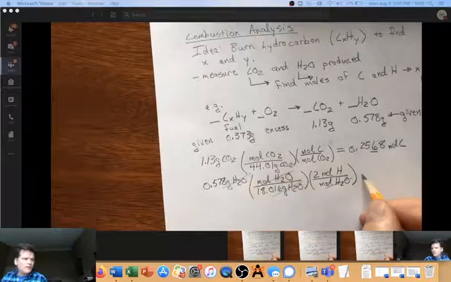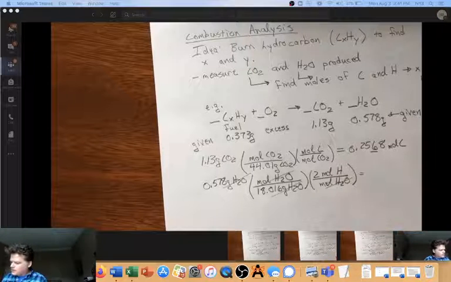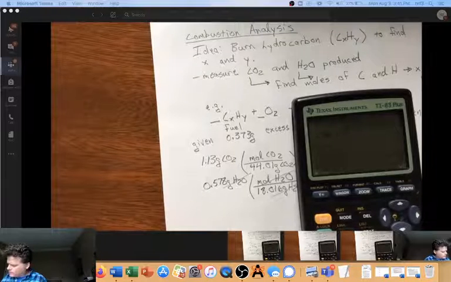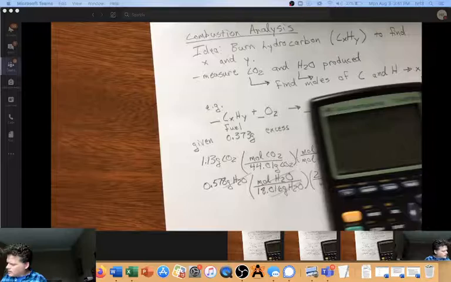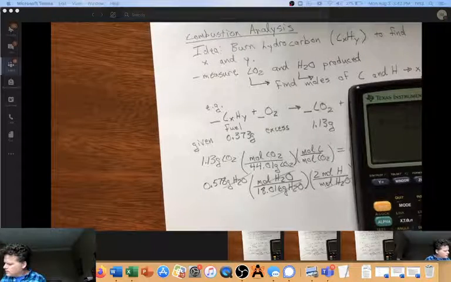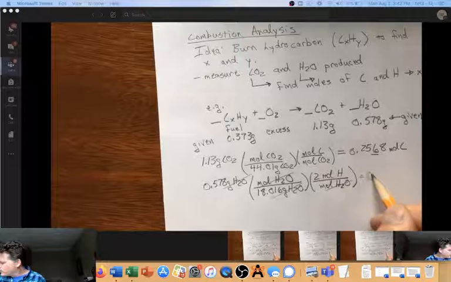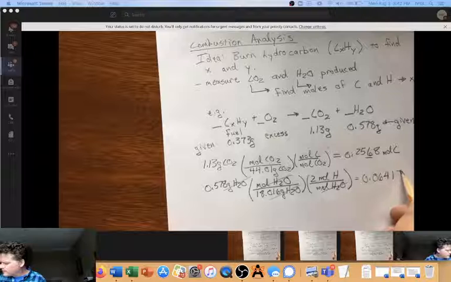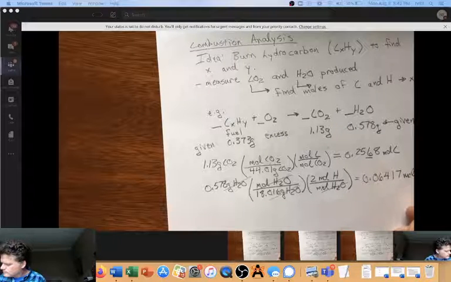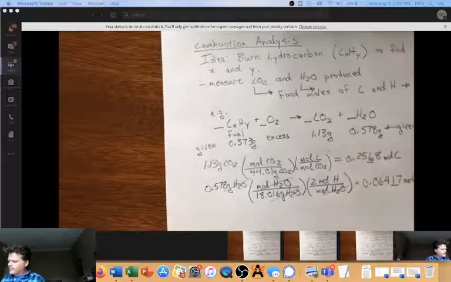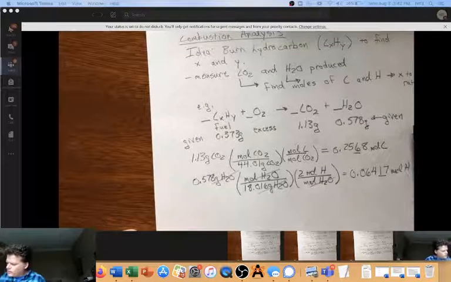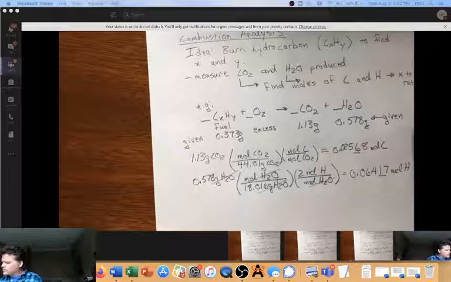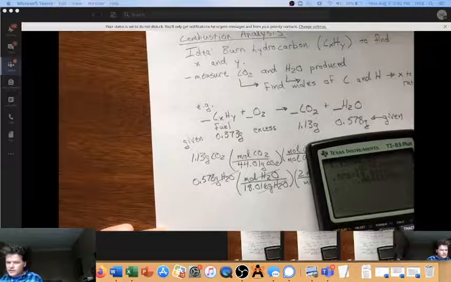And that gives me my moles of hydrogen: 0.578 divided by 18.016 times 2 equals 0.06417. I've only got 3 sig figs. Oops, I had a mistake here. This was supposed to have a 0 in there too. If I go back and look at the number, that's got a 0 in there too.